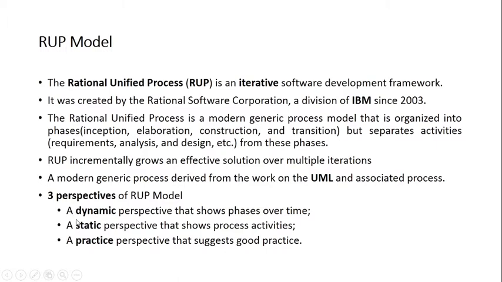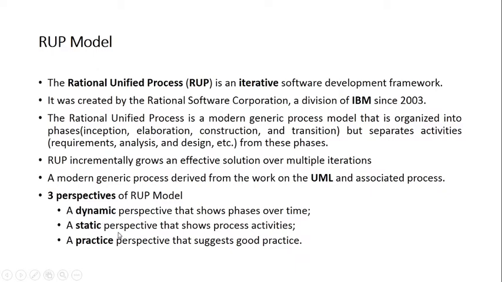What we mean by dynamic perspective is the phases. I talk about 4 phases: inception, elaboration, construction, and transition. These phases iterate over a span of time. That means inception, elaboration, construction, transition, then again repeating these phases. So these phases are iterated over a span of time. This is what is meant by dynamic perspective.